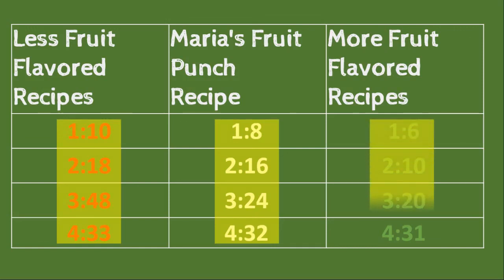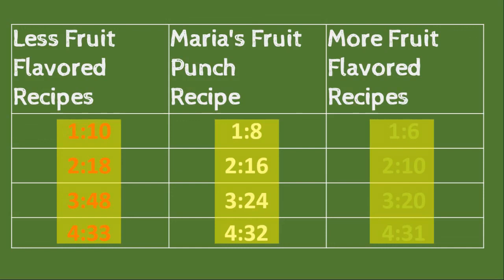And to the right, we have our last column, which is represented by more fruit flavored recipes. So if it's less fruit, we have a bigger number to the right, but if it has more fruit, we would have less to the right. So 1 to 6. 6 is a smaller number than the number 8, which would mean that there's less water and more fruit flavored in the recipe.